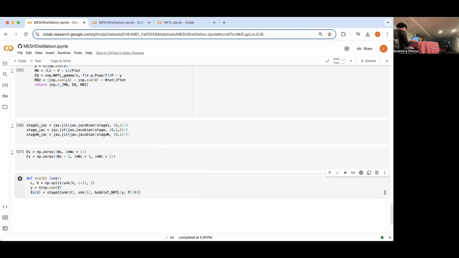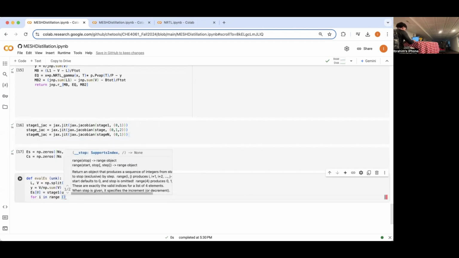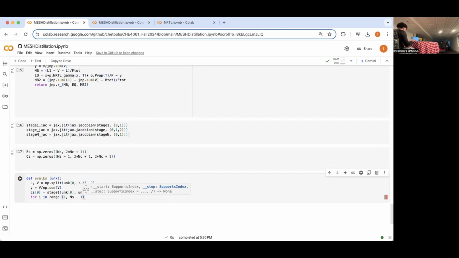Okay, I think that's good. Now we want to set our for loop: for i in range, we're looking at 1 to NS, number of stages minus 1. I believe this is right, but I don't want to create this if-else loop if it's going to be wrong.